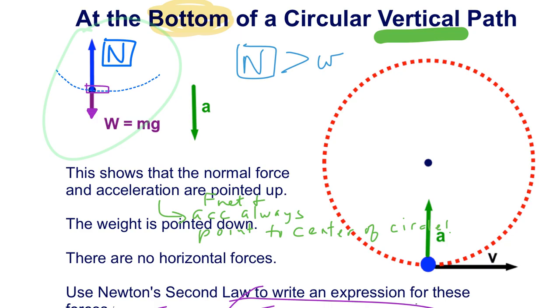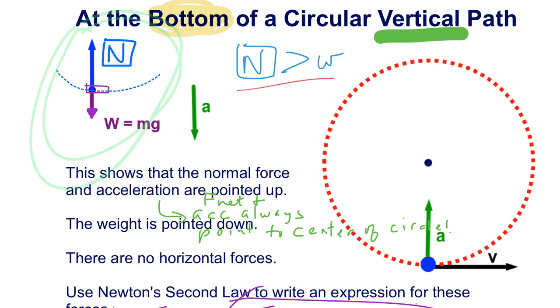So like I said, here's a free body diagram, right here, circled in green. Why at the bottom of the circle is N greater than the apparent weight, greater than the weight?